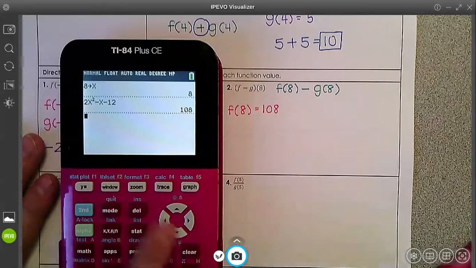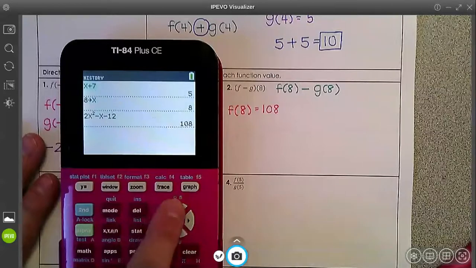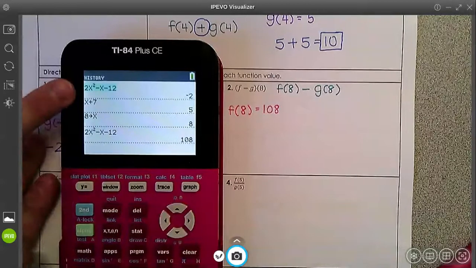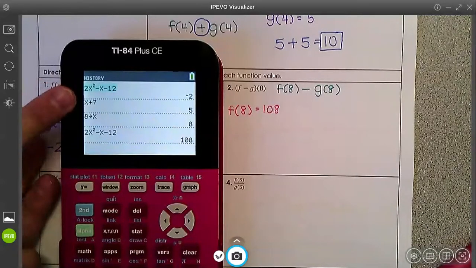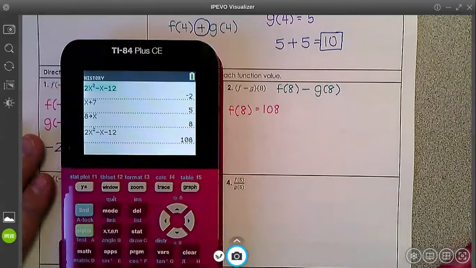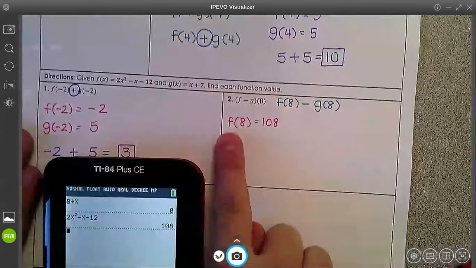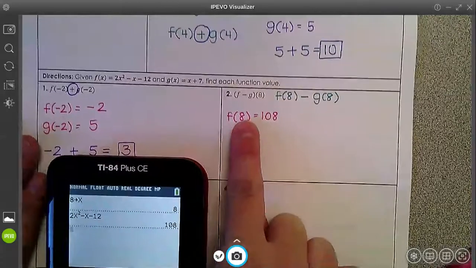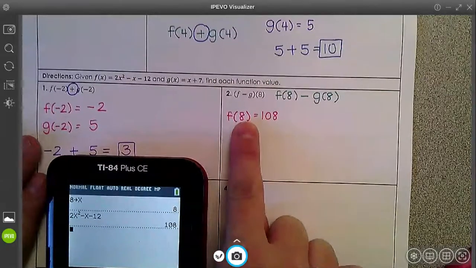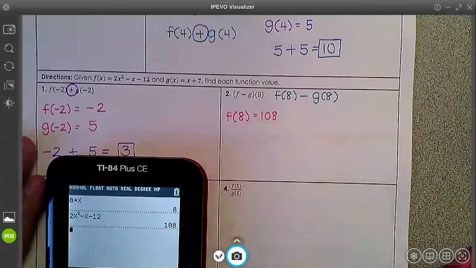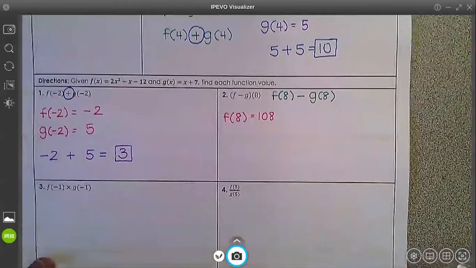Wait, what did you do now? I just scrolled up and I highlighted. I typed it in earlier, and when you hit enter, whatever's highlighted comes back down like that. Okay, so it's the same equation. Yeah, because f, our function didn't change. The only thing that changed was our x, and I told my calculator what my new x was, but the function itself didn't change.